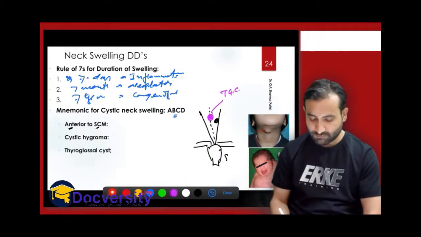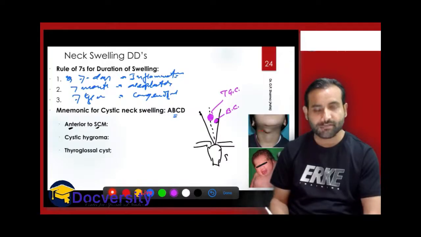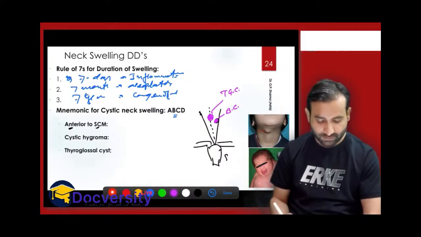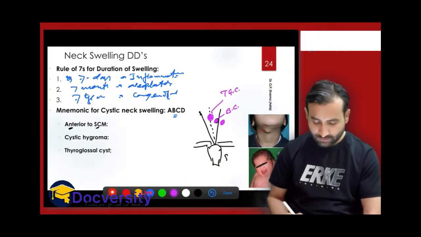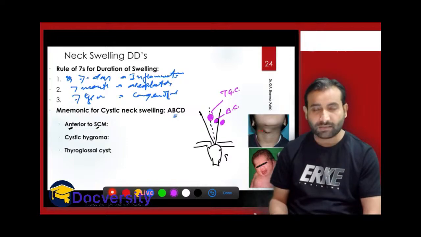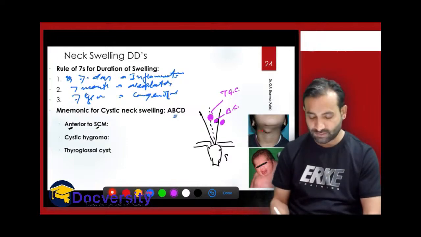If something is present which is medial to the sternocleidomastoid muscle, then this is a branchial cyst, right? Then if you have a mass which is present lateral to the sternocleidomastoid muscle, this is what?